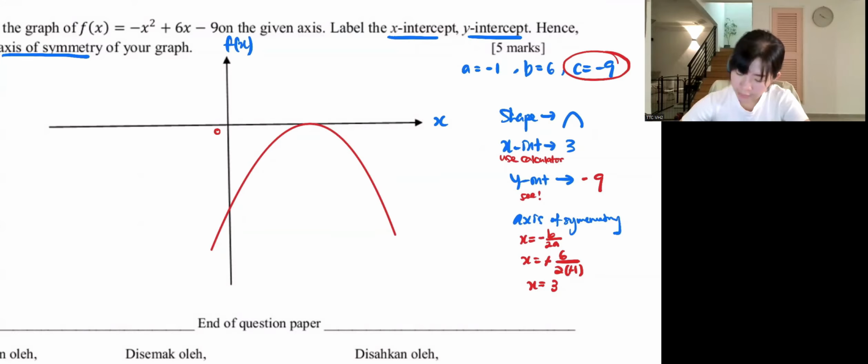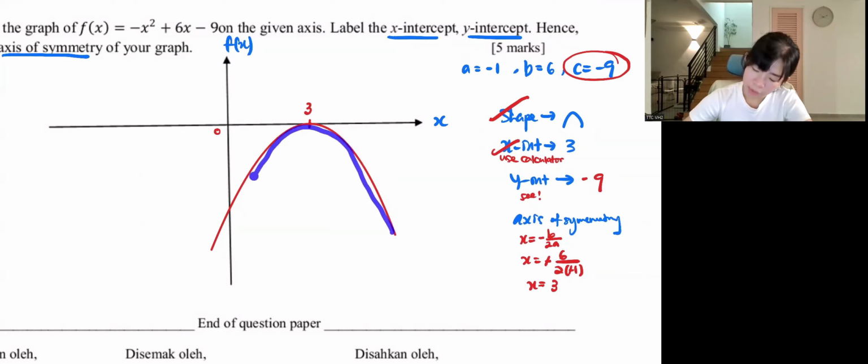Your graph must touch only one point of the x-axis, just nicely one point, so you can label 3. You've done the shape, and you know that the x-intercept is 3. Then y-intercept, easy. Make sure the graph you draw intersects the y-axis here, the f(x). So this will be -9.